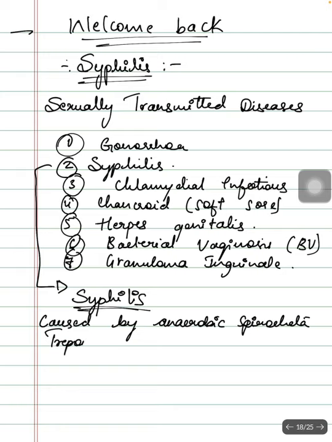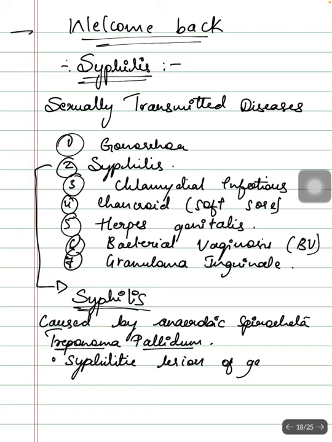The syphilitic lesion of the genital tract is acquired by direct contact with another person. It comes through direct contact with an infected person. If contact has happened with an infected person, syphilis will come. So this syphilitic lesion of the genital tract is by direct contact.